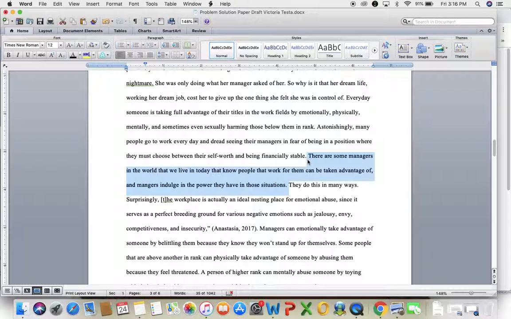Essentially what you're saying is that some managers can identify workers who are more susceptible to abuse and then indulge in their management positions. So this is an area where you would edit for concision, to keep the idea but say it in a shorter way.